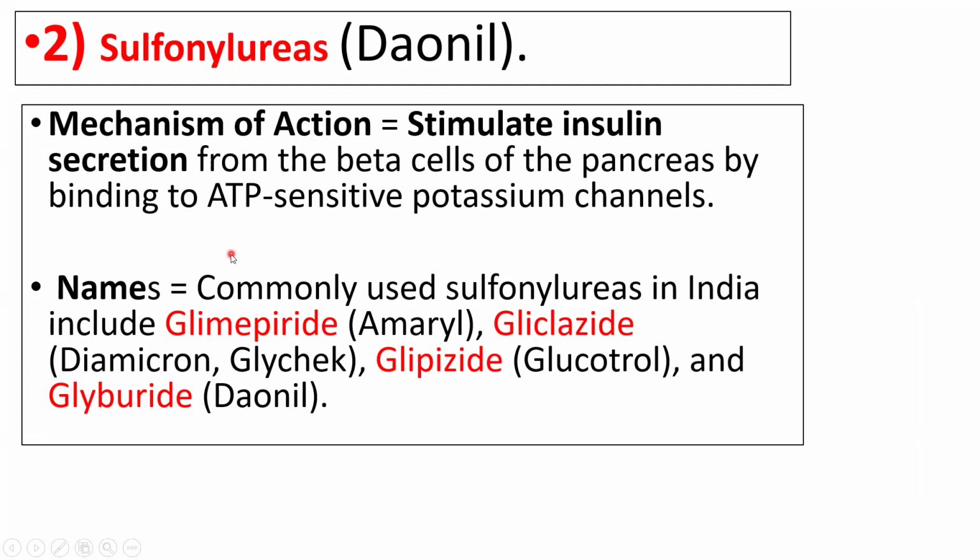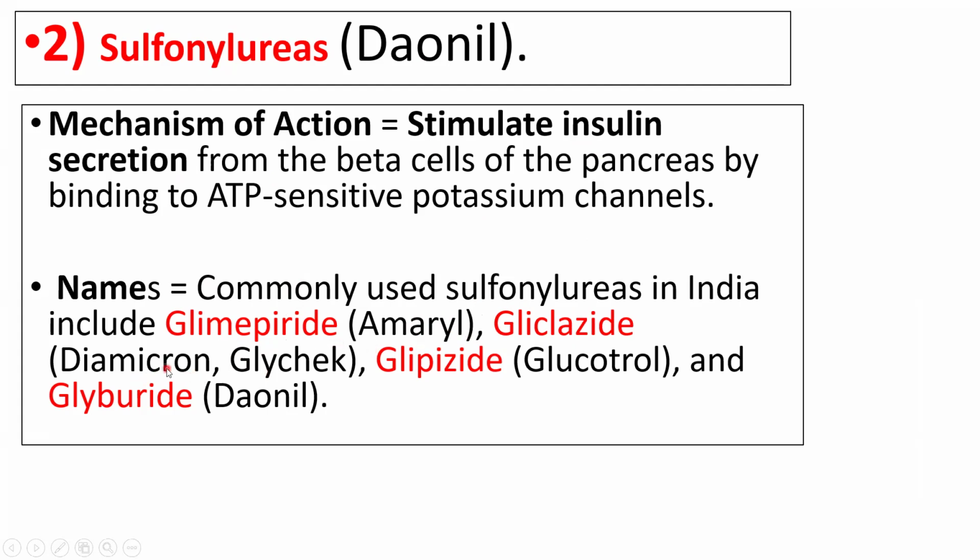Okay, the most popular names available are Glimepiride. This is also popular. Glimepiride is a generic name, and Amaryl is a brand name. Generic name, brand name. All these are popular. Gliclazide, generic name, and Diamicron, brand name. Very popular.